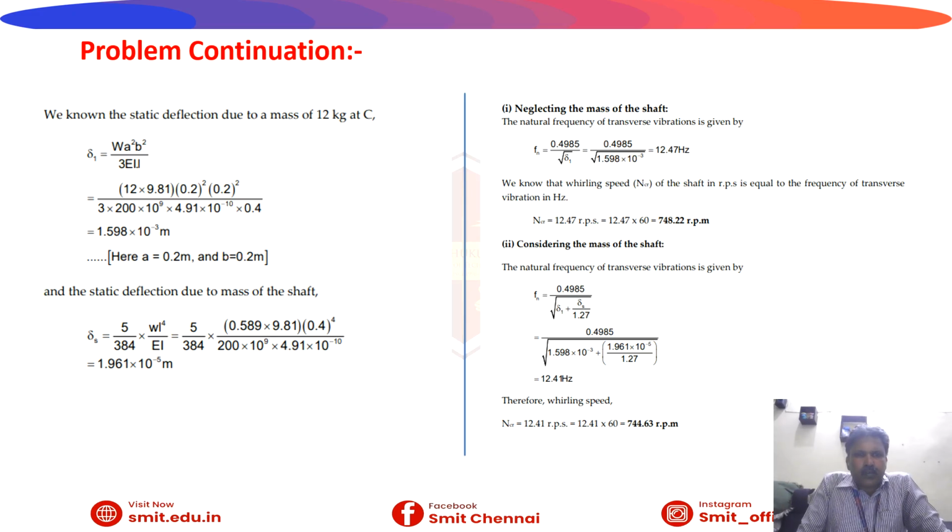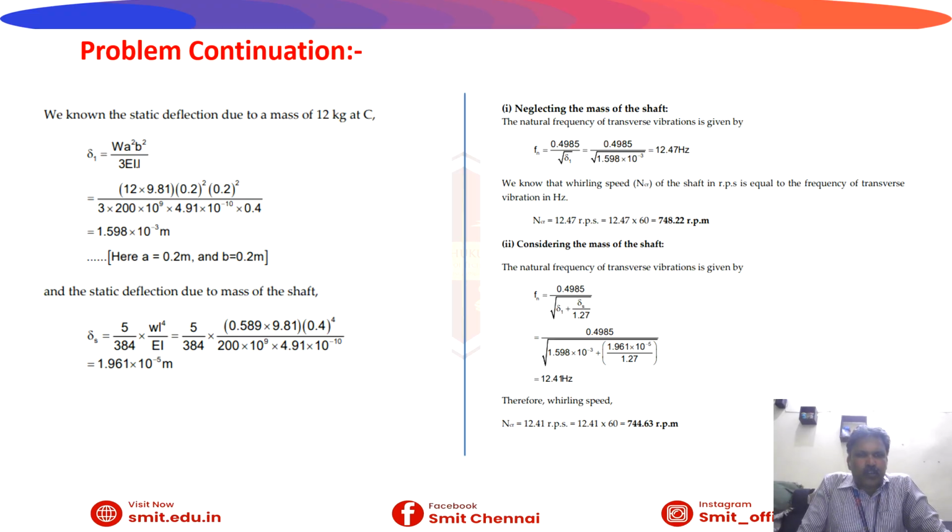We are using the same formula again here: W a square b square by 3 EI. Already we know the formula clearly. Upon substitution, a equals 0.2 meter and b equals 0.2 meter. We just substitute the values and get the result.